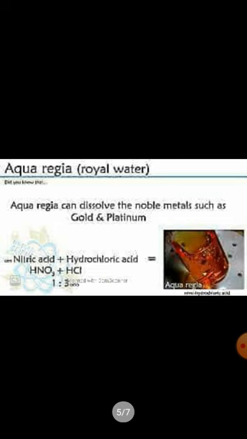Now, we are going to learn what is meant by aqua regia. Aqua regia is also known as royal water. It is a freshly prepared mixture of concentrated hydrochloric acid and concentrated nitric acid in the ratio of 3:1.